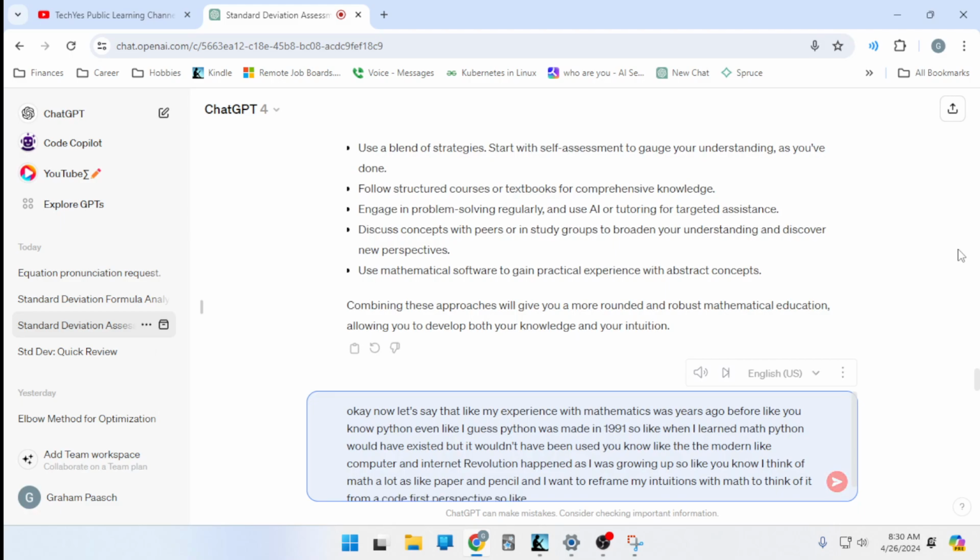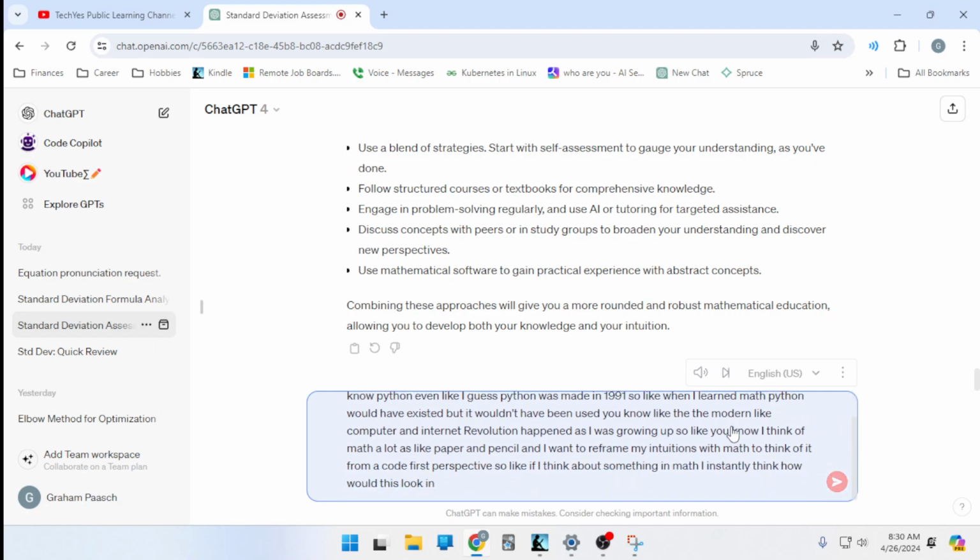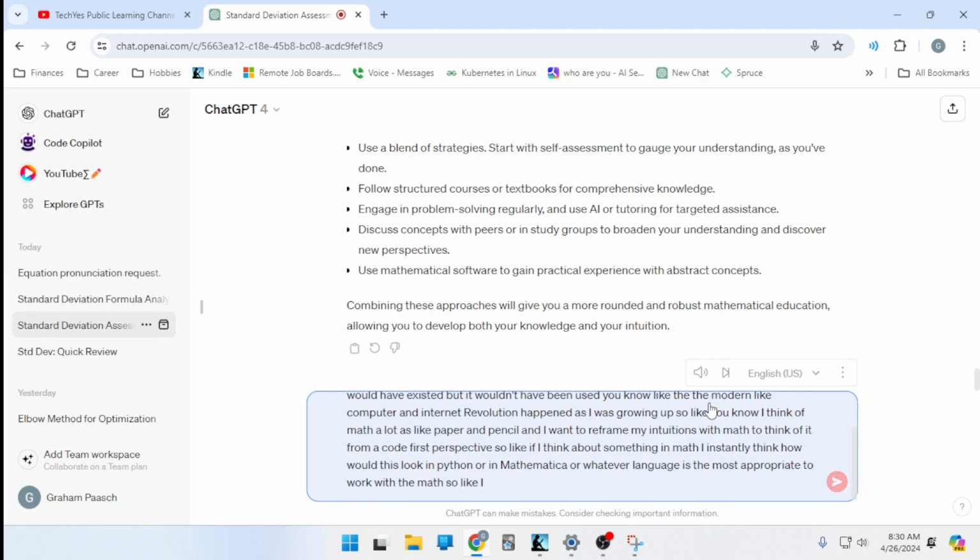So if I think about something in math, I instantly think, how would this look in Python or in Mathematica or in whatever language is the most appropriate to work with the math? So I instantly map my understanding of math one-to-one with my understanding of things like programming.